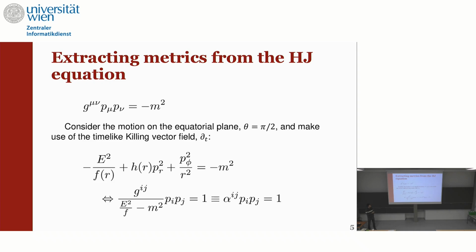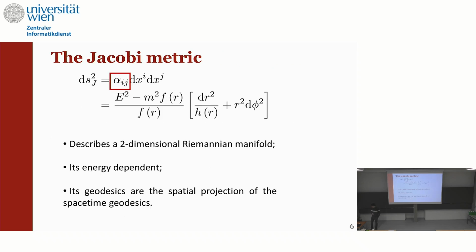And we can rewrite this in this form, and we can see that a sort of 2D metric appears, which I called here α_ij, which then contracts with the remaining momenta, the radial and azimuthal momenta, and is what I will call the Jacobi metric. This describes a 2D Riemannian manifold. It is energy dependent, and its geodesics are the spatial projection of the spacetime geodesics.